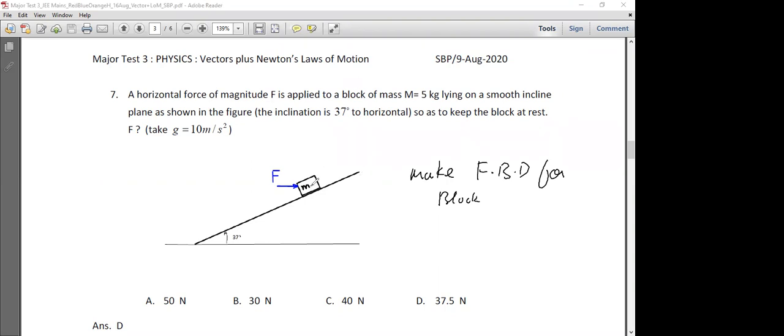There'll be weight acting downwards, normal reaction acting like this, and the net force should be 0. So the net force should be the vector sum of this force F, the normal reaction, and the weight which is vertically downwards. This should be 0. So solve for this condition.